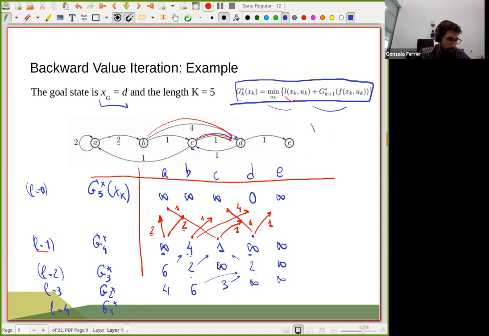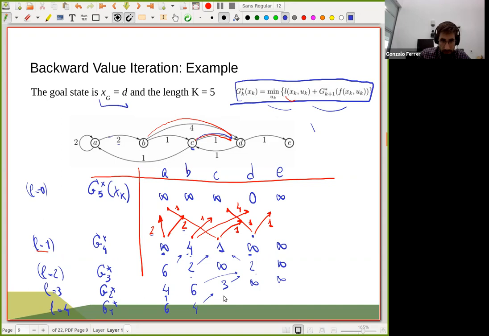Okay, here I'm just going to go very quickly, but the optimal action to do is just stay in place, because we have this option here. Here, this is going to be this, right? The action is going to be taking us from B to C. So this is 3 plus 1, 4. From C, we have 4 here, and then we have infinite.